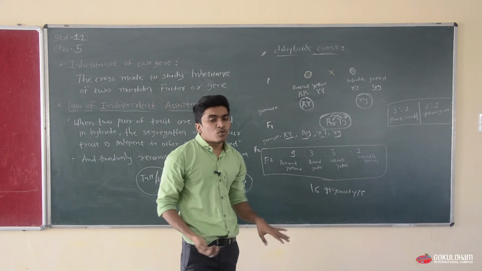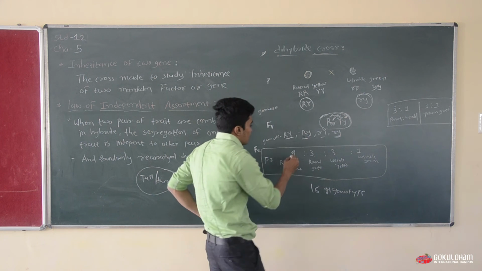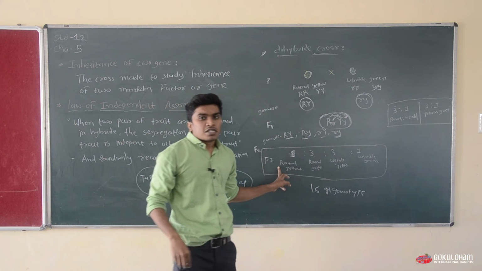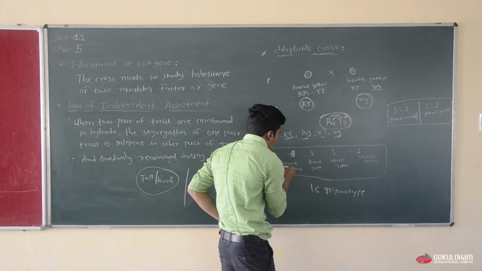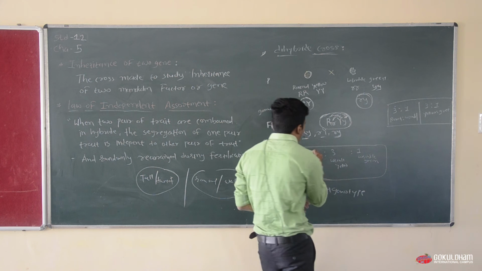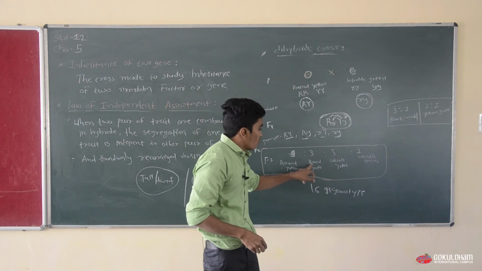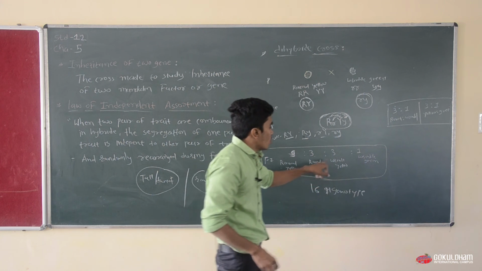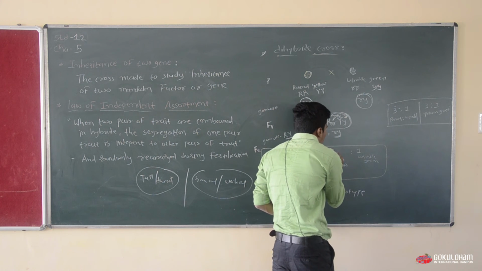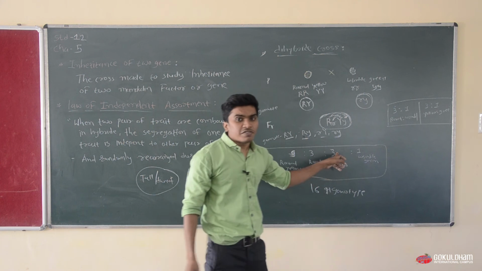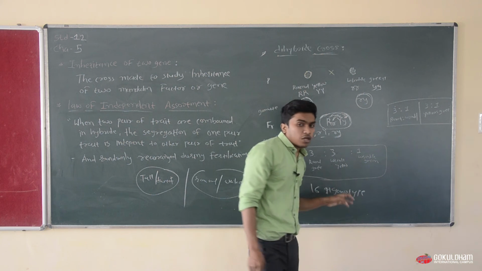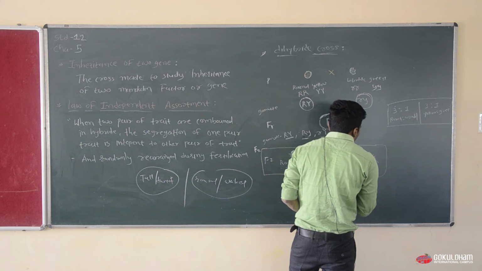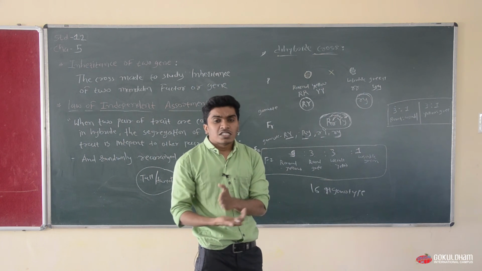Out of 16, 9 plants are round yellow, 3 plants are round green, where round is the dominant character and green is the recessive character. The third is, out of 16 plants, 3 will have wrinkled and yellow, and only 1 plant will have wrinkled and green seed.